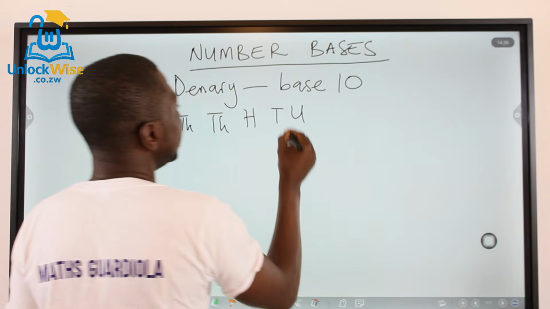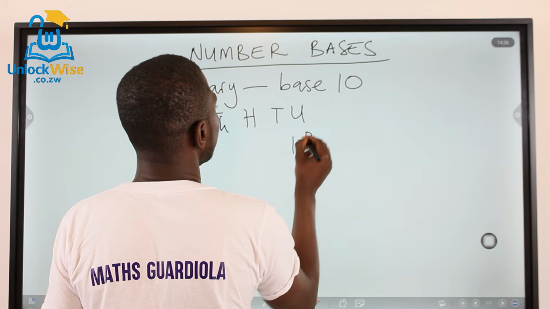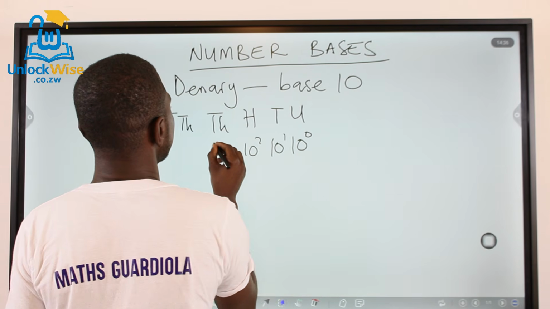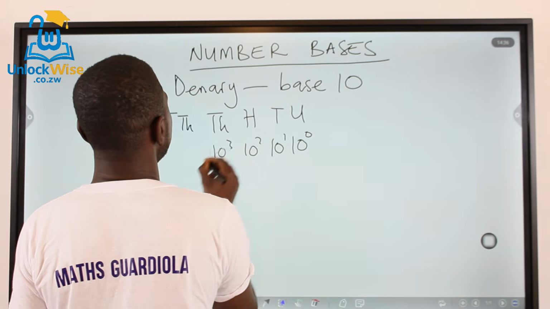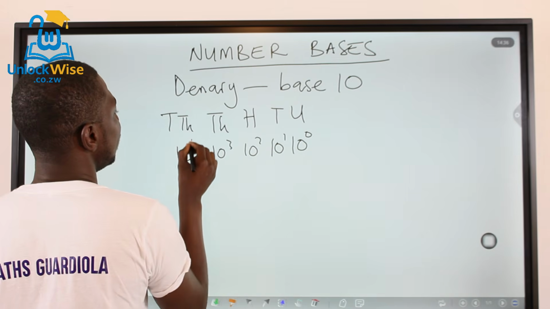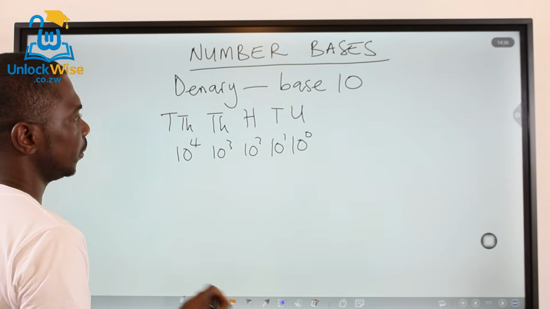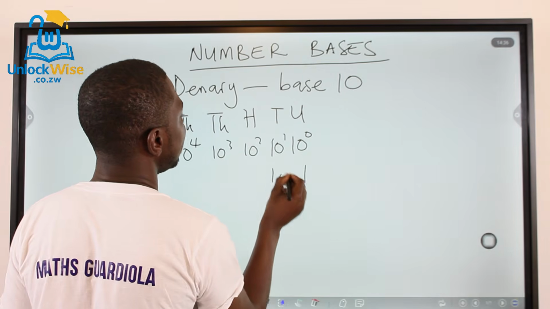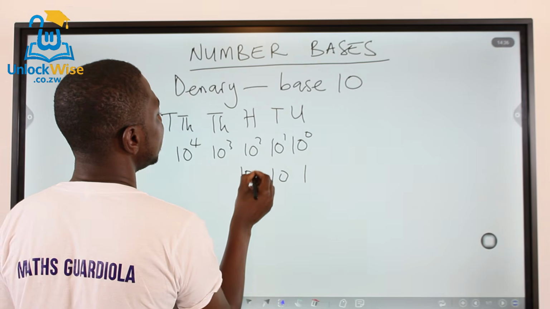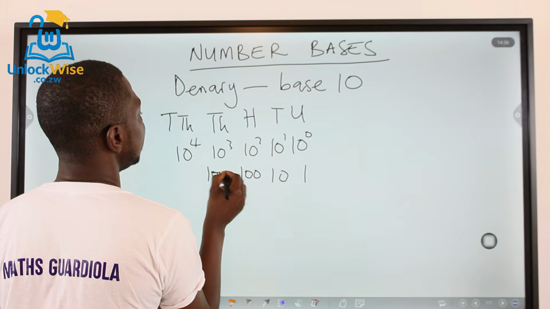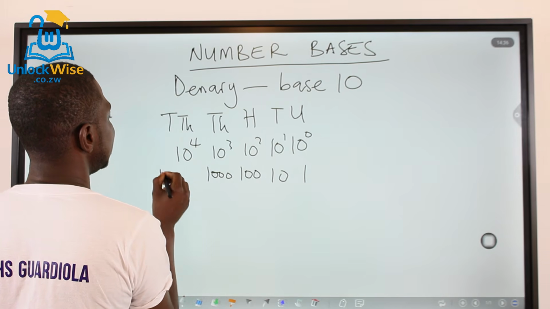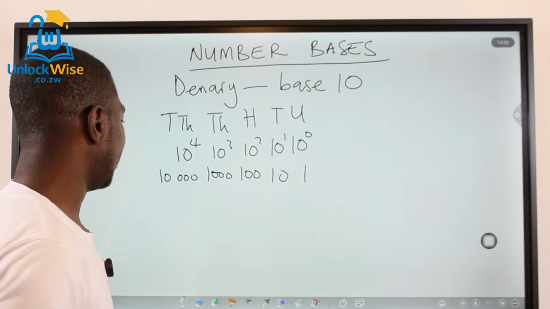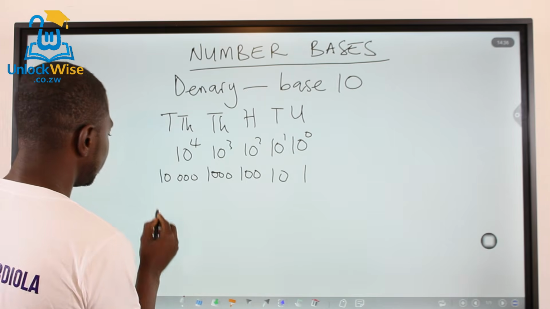So this is 10 to the power 0, this is 10 to the power 1, this is 10 to the power 2, this is 10 to the power 3, this is 10 to the power 4, right? Maybe we have 1 as our unit, we have 10 here, we have 100 here, we have 1,000 here, we have 10,000 here.